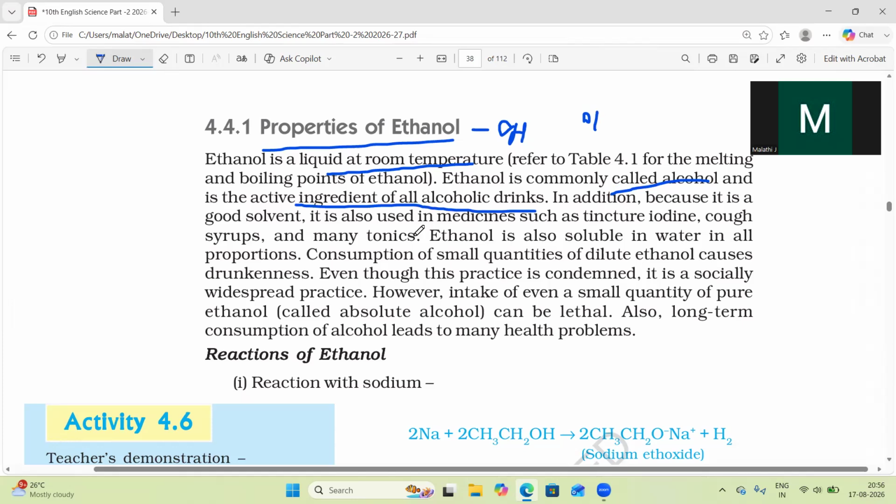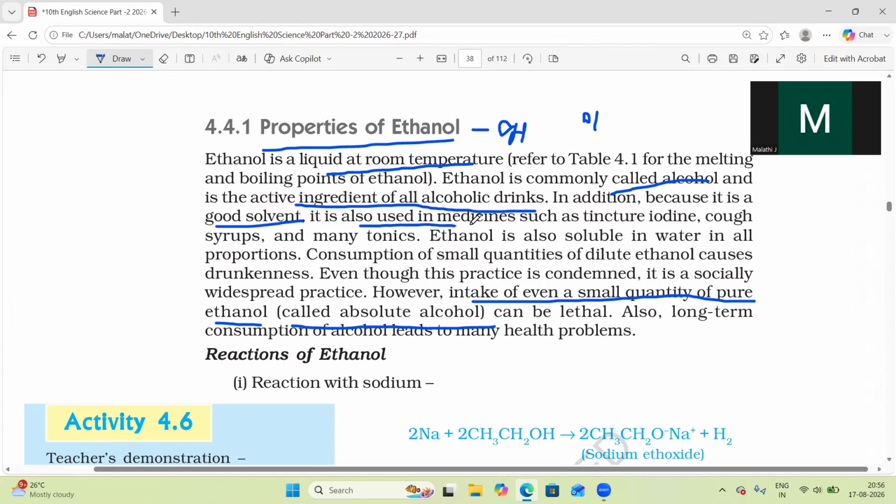If you take pure ethanol, that is called absolute alcohol. Intake of even a small quantity of pure ethanol, that is absolute alcohol, is harmful. In addition to alcoholic drinks, ethanol is used because it is a good solvent.